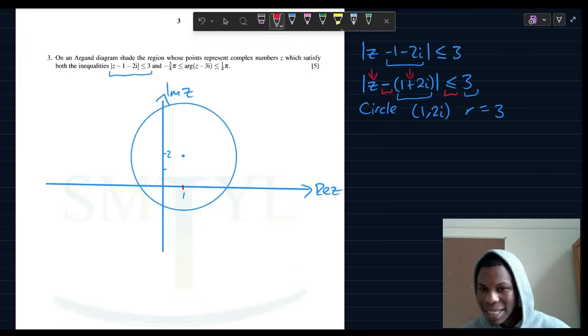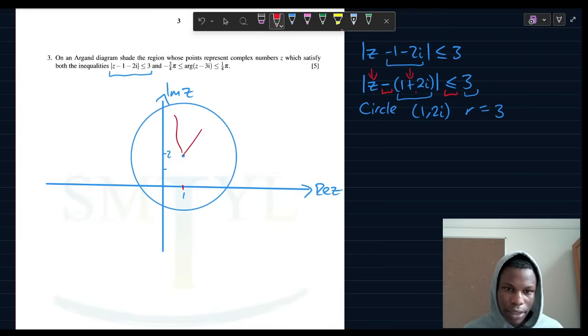So the reason we need this negative sign is that it tells us we're looking at the distance between z and the center of the circle. And we want this distance to be less than or equal to 3. Less than 3 is everything that's inside the circle, because if I draw a line from the center of the circle to inside the circle, this distance is going to be less than 3.